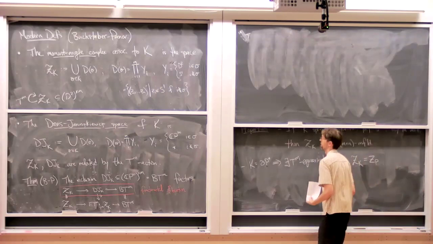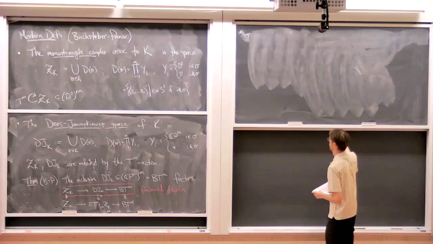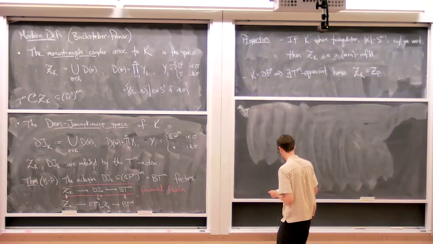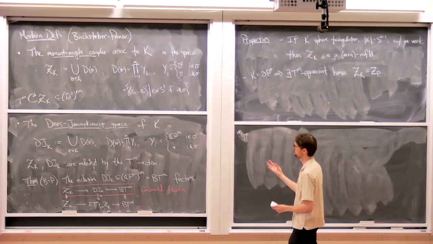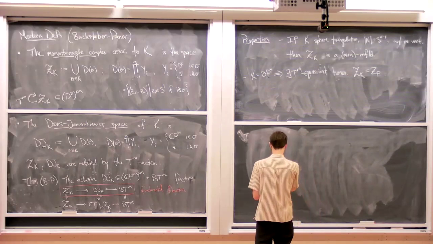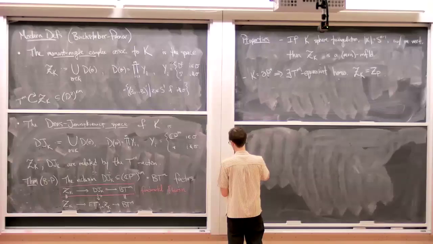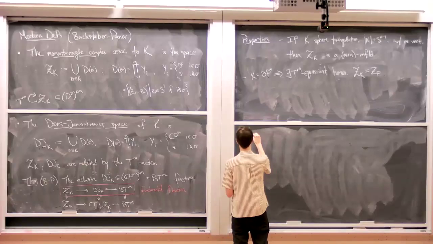Okay, maybe I'll just give one other property relating to quasi-toric manifolds. That was the third definition we had before, or very rough definition.